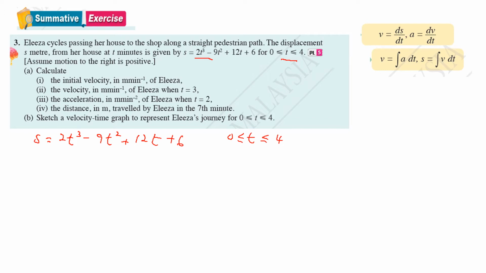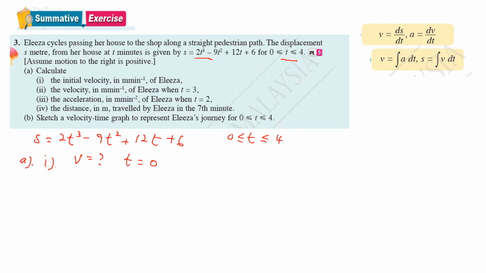Look at A. Calculate, number 1, the initial velocity. Initial velocity means we are going to find v when t equals 0. This is a very straightforward question. If we substitute t equals 0 we will get s, but now we are asked about v. So how to get v from s?